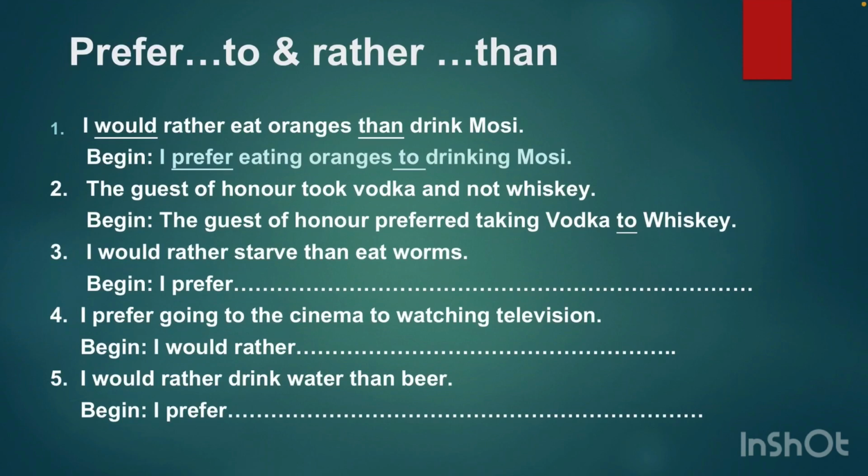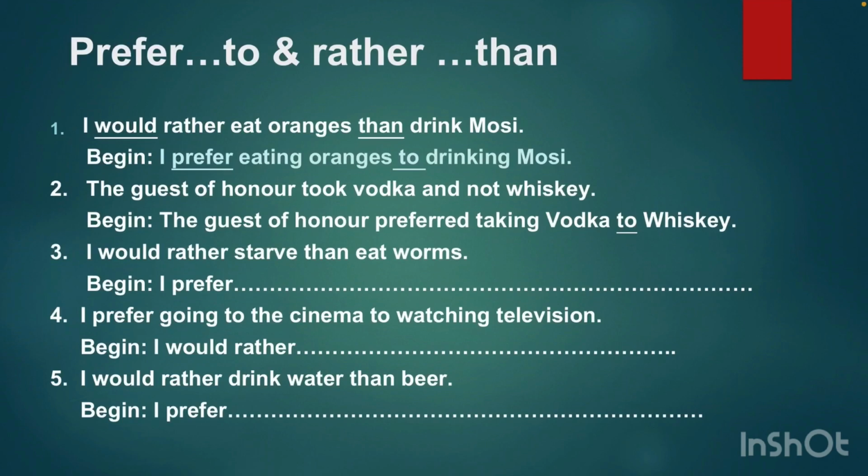I would rather do this than do that. So rather than works with present tense. But when we put prefer to, if you're comparing verbs, then the verbs should be in present continuous tense.